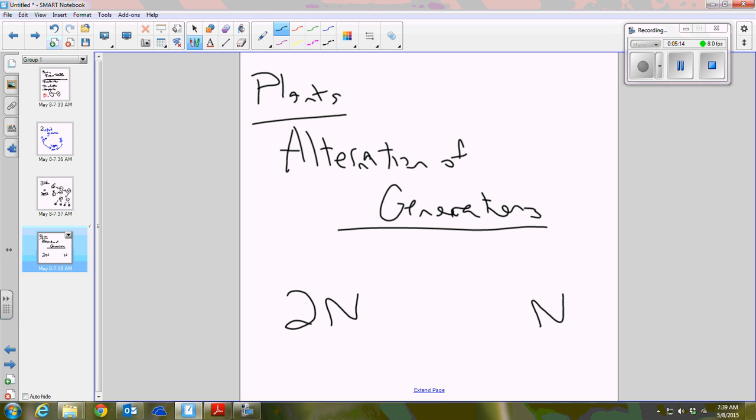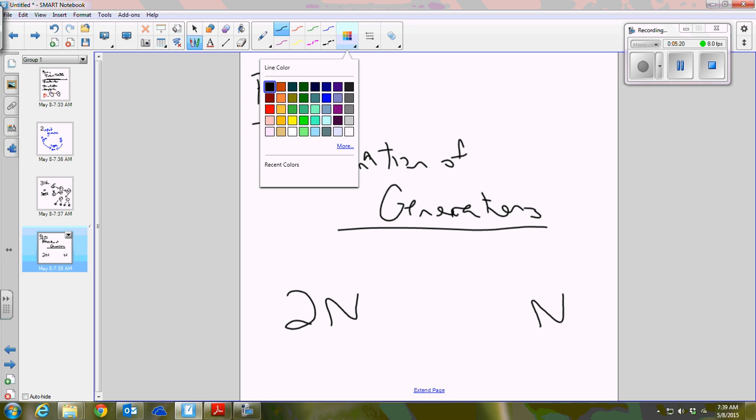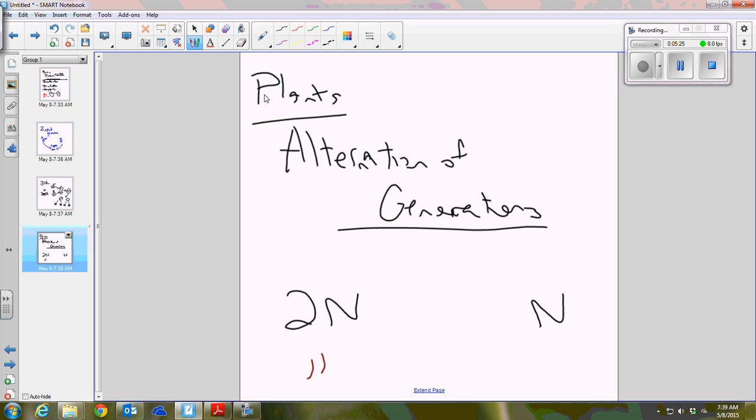Essentially what's going on here is the sporophyte generation is what we normally think of when we think of a plant. This is the tree in the quad, and it produces spores, male and female.